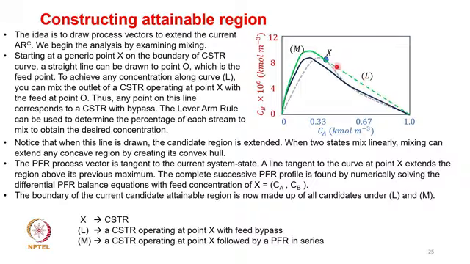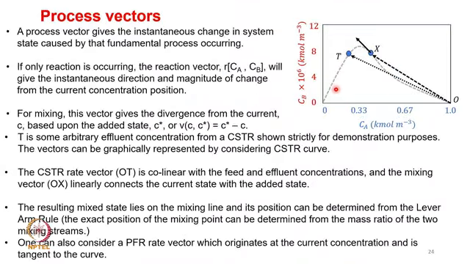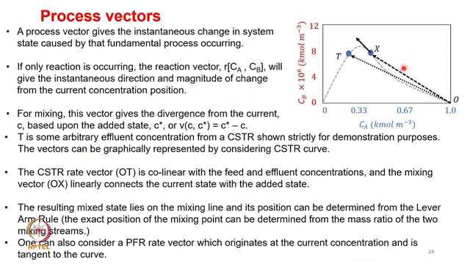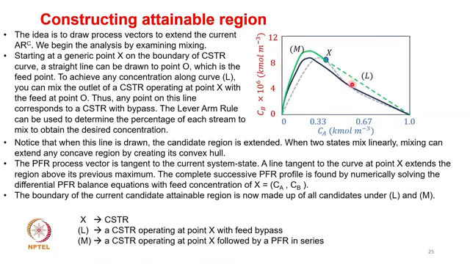So notice that when this line is drawn, the attainable region is now extended. It is not just a union now. Previously, it was just a union, it was only this. So now what we are saying is, you draw a line between these two. As a result, you get some additional operational space here, which we marked as this.